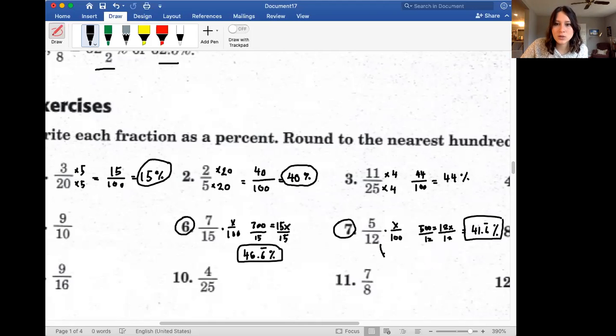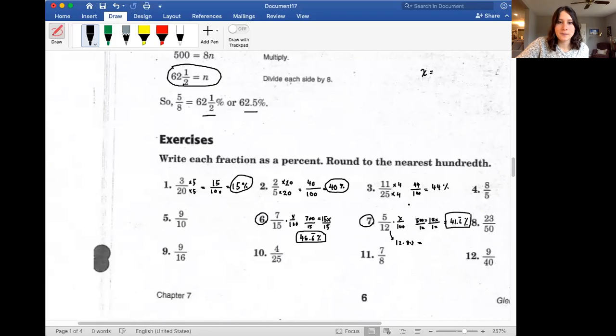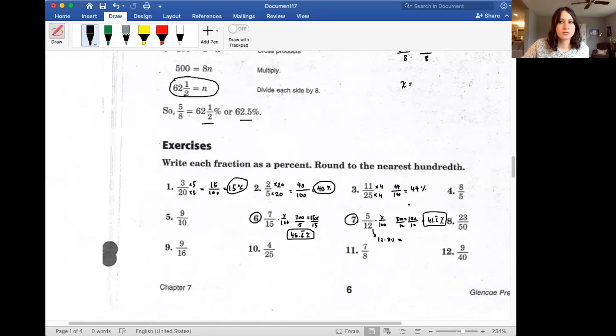So another way to do it is you could do 12 times 8.3 repeating on the top and bottom and do 5 times 8.3 repeating, and then you would get the same thing. So you would get 41.6 repeating percent. So anyway, I think cross multiplication is a good thing to practice for us anyway, because we'll see that a lot next year and the rest of the year.